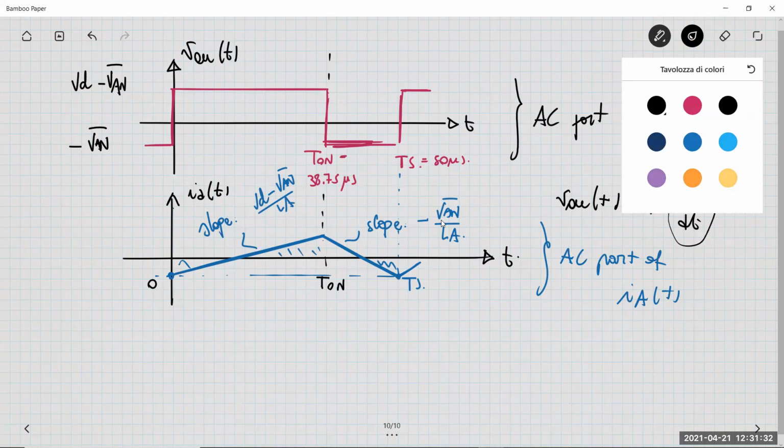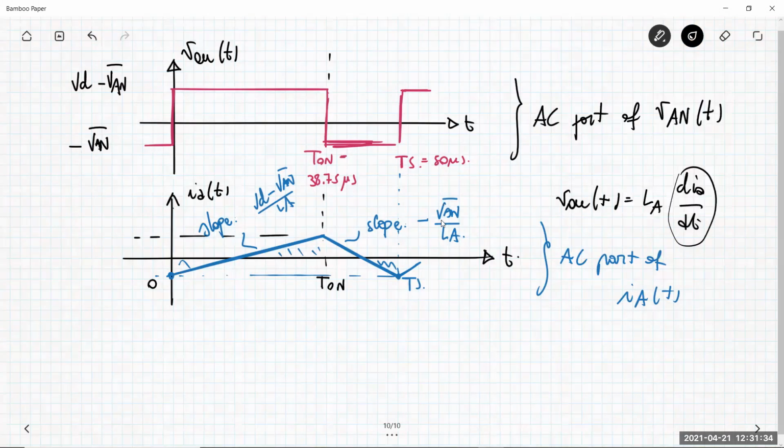Let's compute the peak-to-peak ripple. So let's compute this quantity. Let me call it IA peak-to-peak. In order to compute this ripple, we can take advantage of the slope we computed. Take whichever you want, the positive or negative.